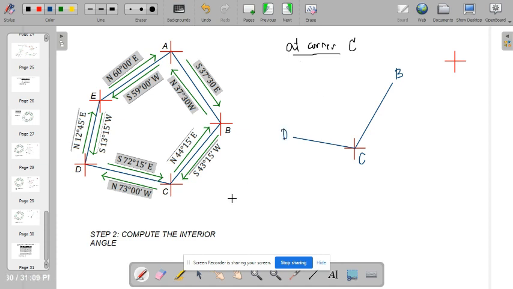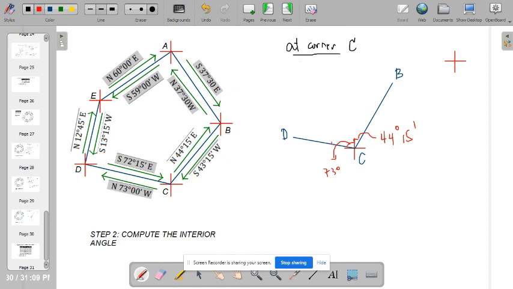Now, CB is the backward bearing of BC. So north 44 degrees, 15 minutes. So therefore, this angle here is 44 degrees and 15 minutes. And this angle is 73 degrees.